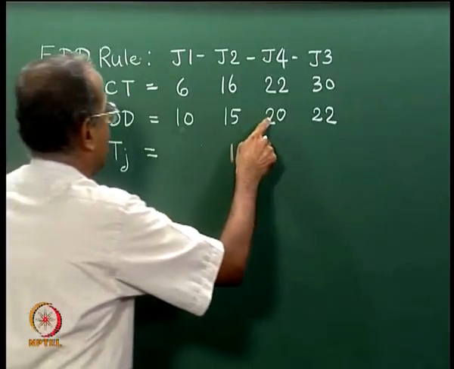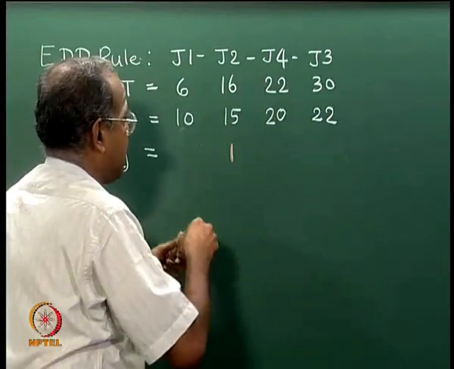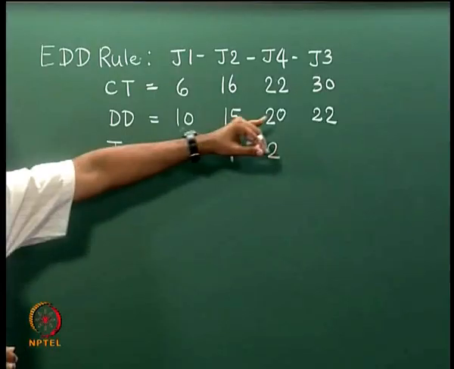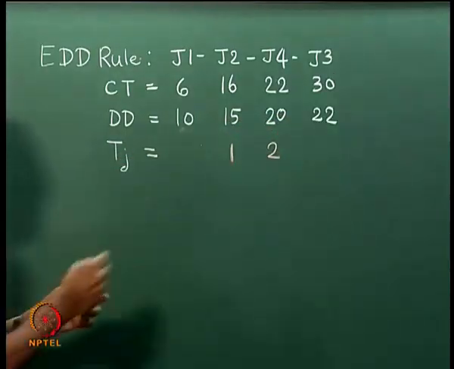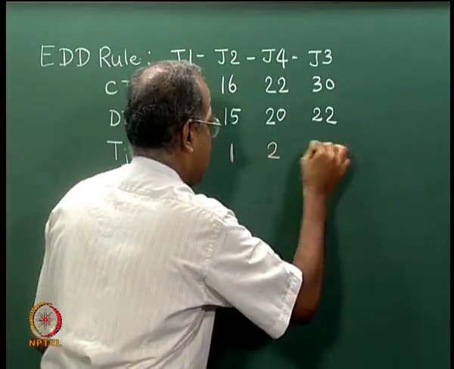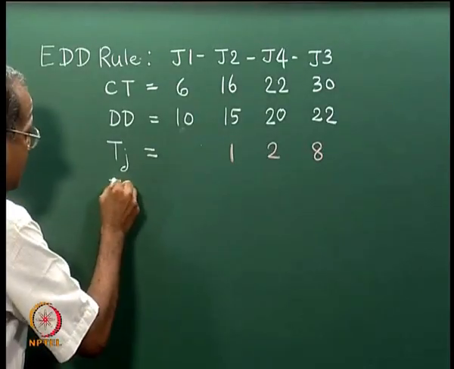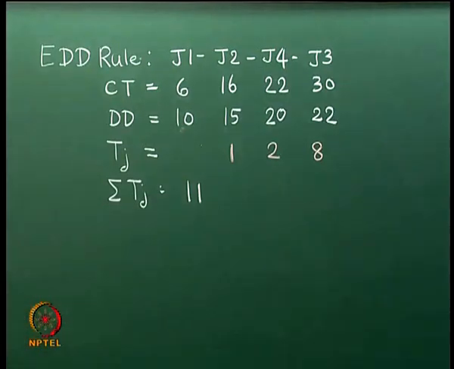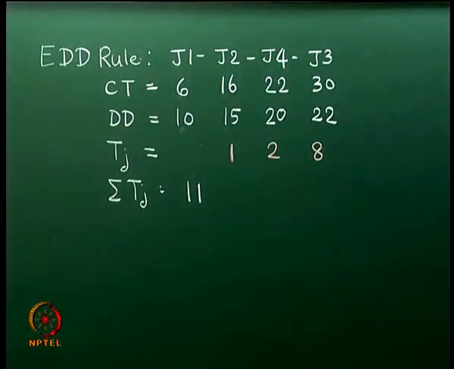Due date is 20, completion time is 22, so tardiness is 2, and due date is 22, completion time is 30, so tardiness is 8. So sigma Tj for this example is 11. So total tardiness is 11.